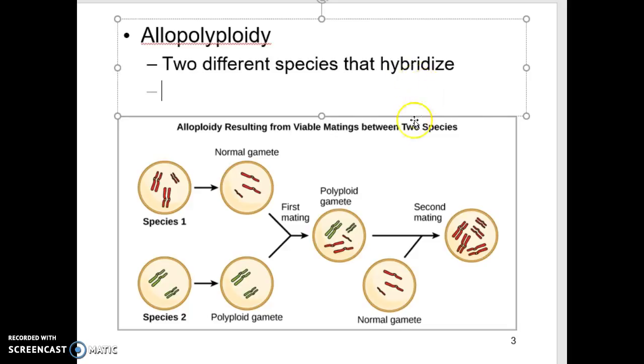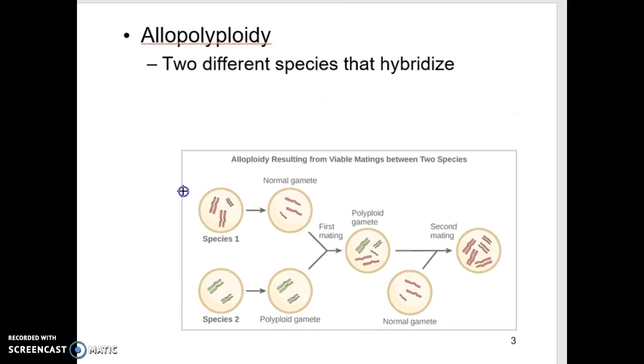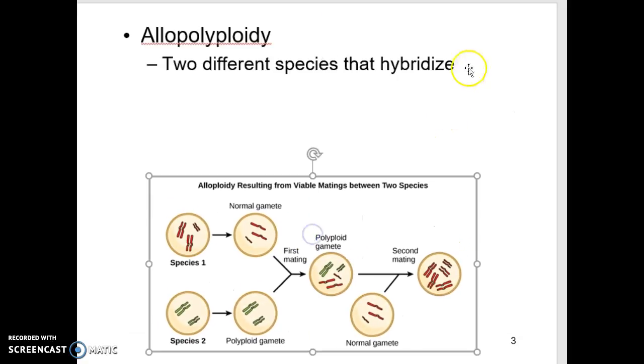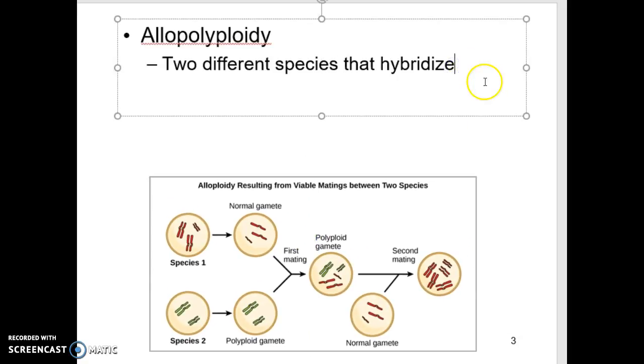information. So let me make this a little smaller to fit this in here. So the idea here would be species A creates an egg. So species A, their egg has, let's go, 16 chromatids, combines with species B, whose sperm has 17 chromatids.